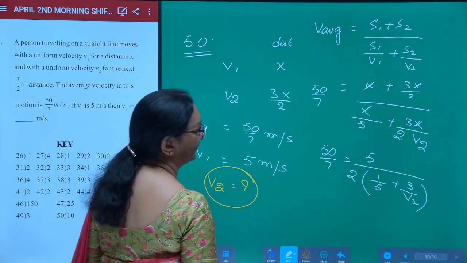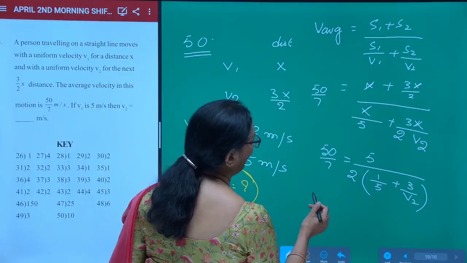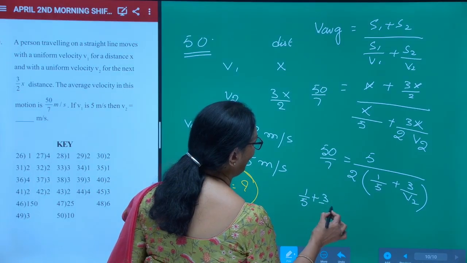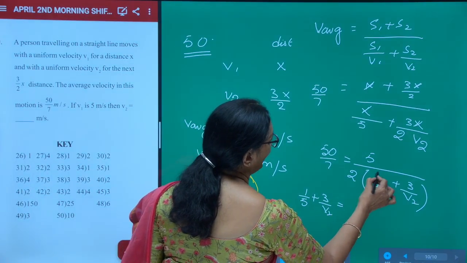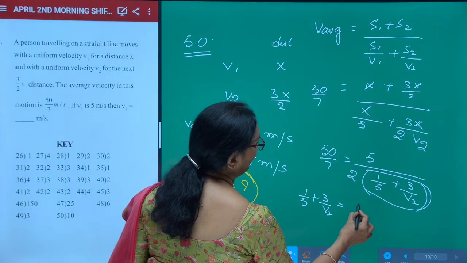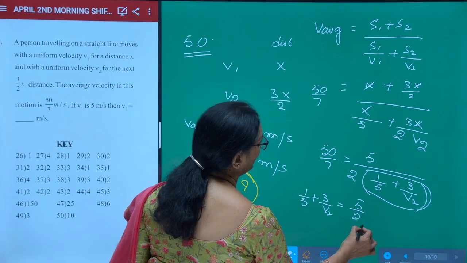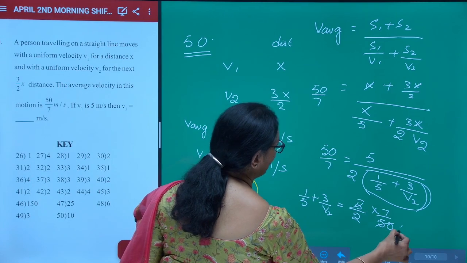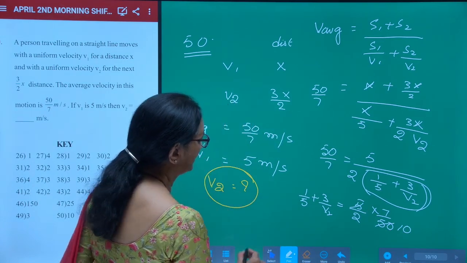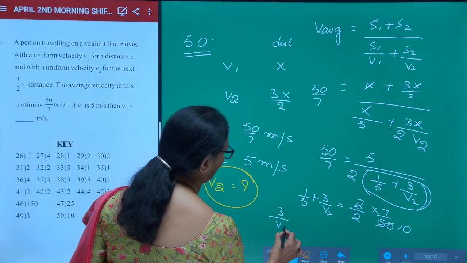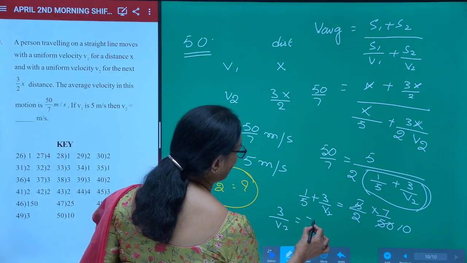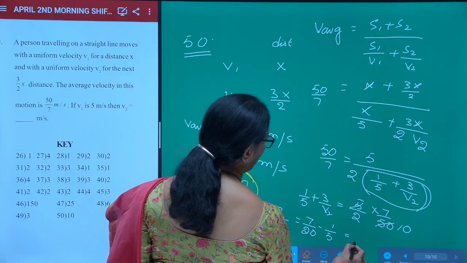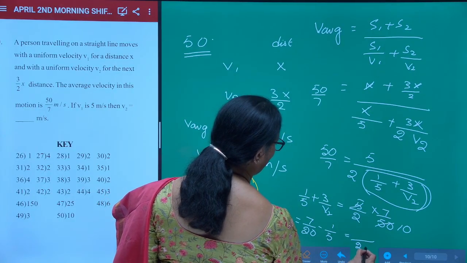So, we need to find out V2. If you apply cross multiplication, 1 by 5 plus 3 by V2, just we are taking this to the other side. It is equal to 5 by 2 into 7 by 50. So, gets cancelled 10 times. So, 3 by V2 is equal to 7 by 20 minus 1 by 5. So, this is 20 times.